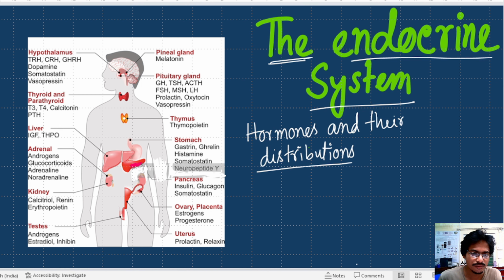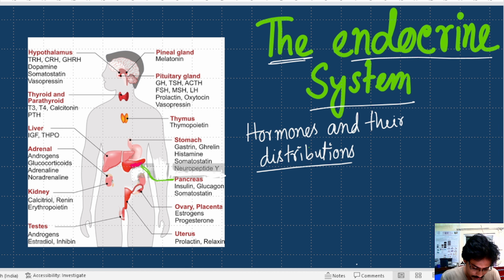And then on the chest side the thymus gland is there, and then the stomach, which releases some local hormones. I'll explain all those details. The liver also secretes some of these things. Then this is the pancreas.